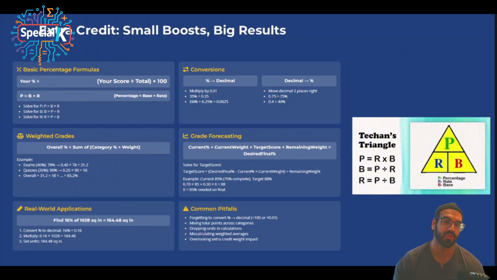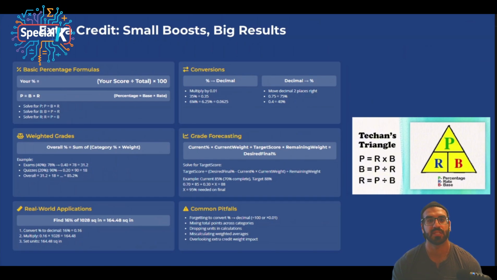And we also learned the formula that percentage or point is base times rate, and you also can use the triangle itself. Another thing that we learned was about conversion, how we convert decimal to percentage or vice versa. Remember, percentage to decimal, get rid of the percentage sign and move 2 places to the left. Decimal to percentage, you move 2 places to the right and add a percentage sign to it.